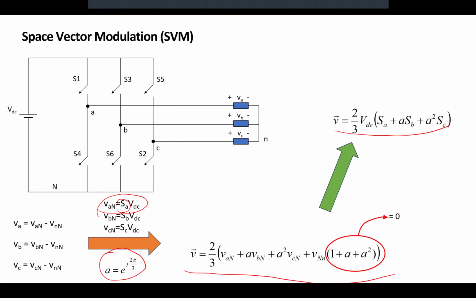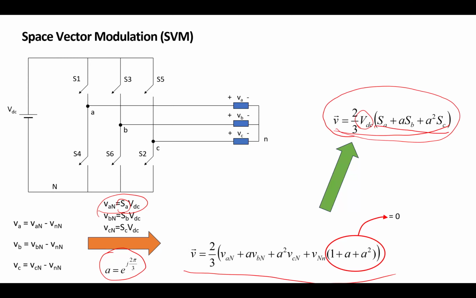What happens is that we would have a voltage that is 2/3 of the DC voltage, times those phase shifts, but instead of applying them to the voltages, we apply them to the S signals. Is that clear how we reach that? Now we have three S functions with 120 phase shift with each other. Make sense? Is that clear for everyone?